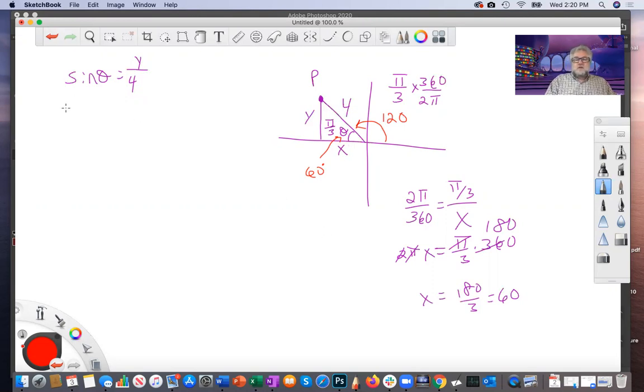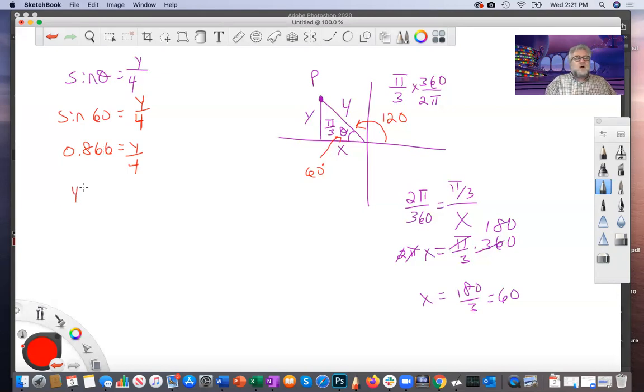So sine 60 equals y over 4. What's sine of 60? That's 0.866 equals y over 4. Oops, gotta switch glasses so I can see the little bitty buttons. Times 4.